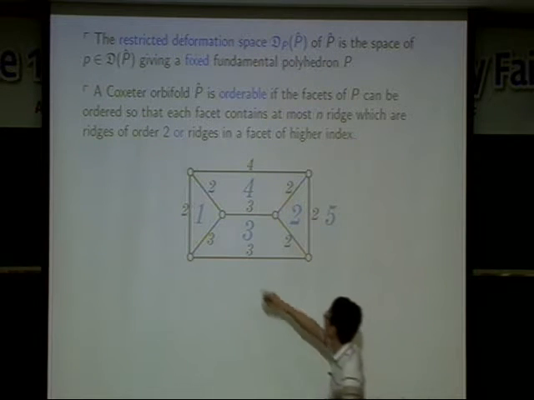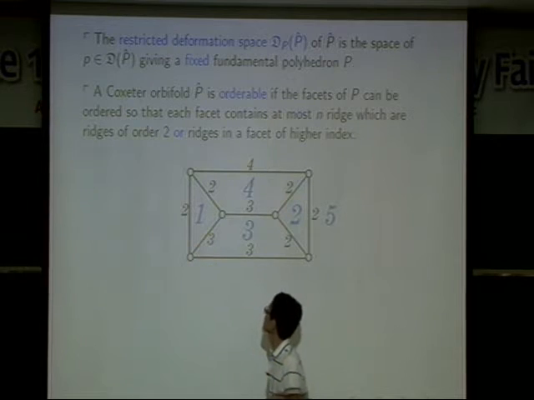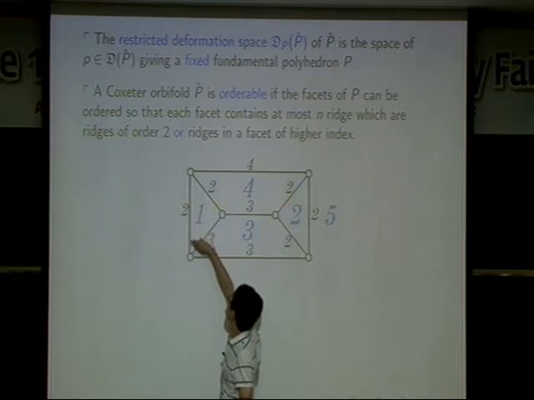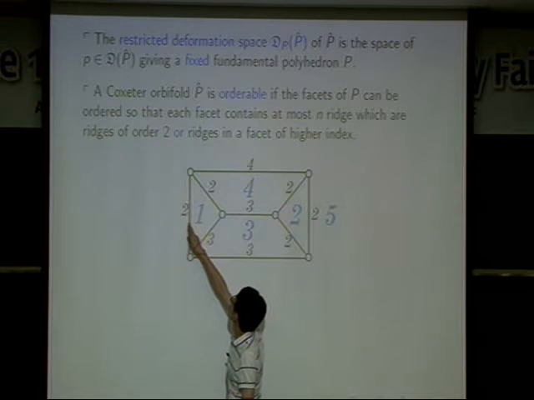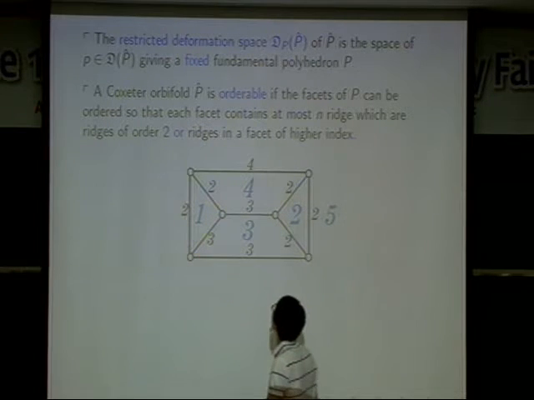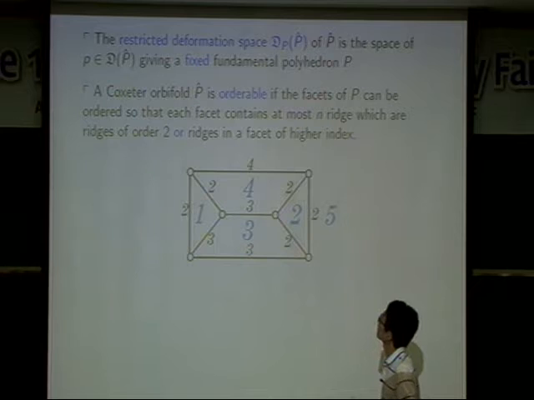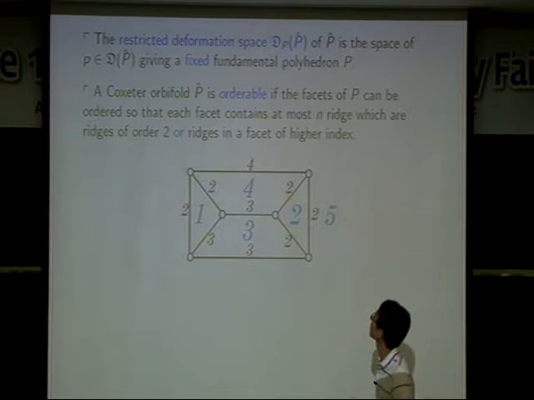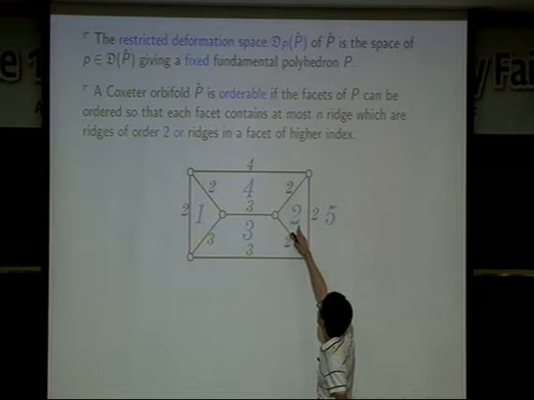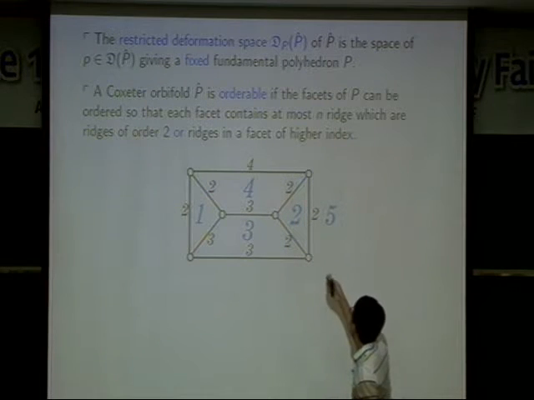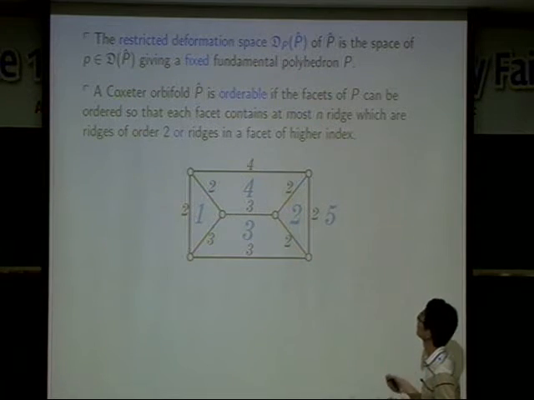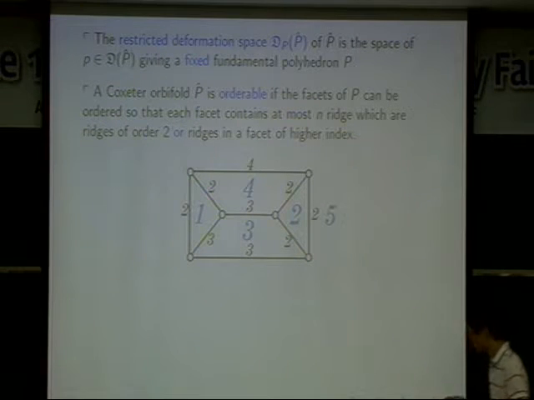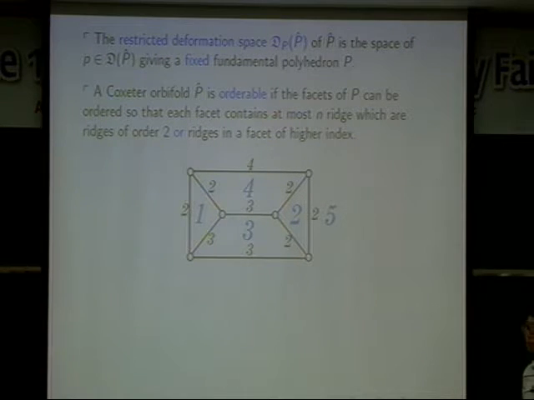In this case, this facet has 3 edges, and all the edges are in a facet of higher index. Okay, so this is 3. And the next one also satisfies this orderable condition. So in fact, this triangular prism satisfies these orderable conditions.